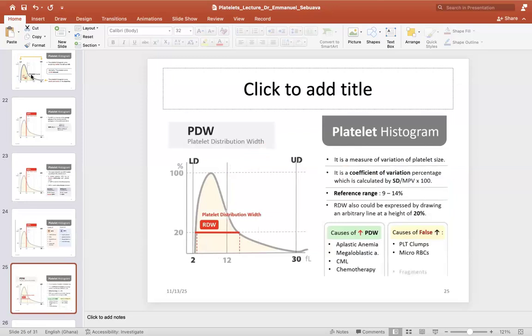Now, here we want to look at the platelet distribution width. Just the same way we have red cell distribution width that talks about the range, the coefficient of variation in the size, or simply put, the variation in the size of the RBC. That's when we are looking at RDW. Here we are talking about the platelet size, the variation in the size.